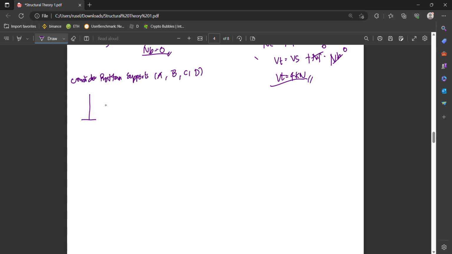Okay. This is your A, this is your B, this is your C, this is your D. So, dito, you have your NA na 5.2 kilonewton. Then, may 3.5 ka dito. Kilonewton. Then, height mo na 2 meters.